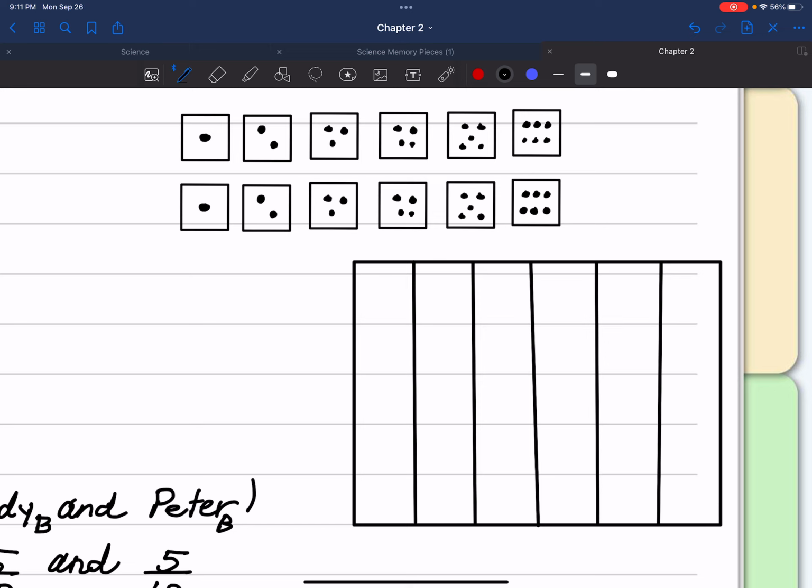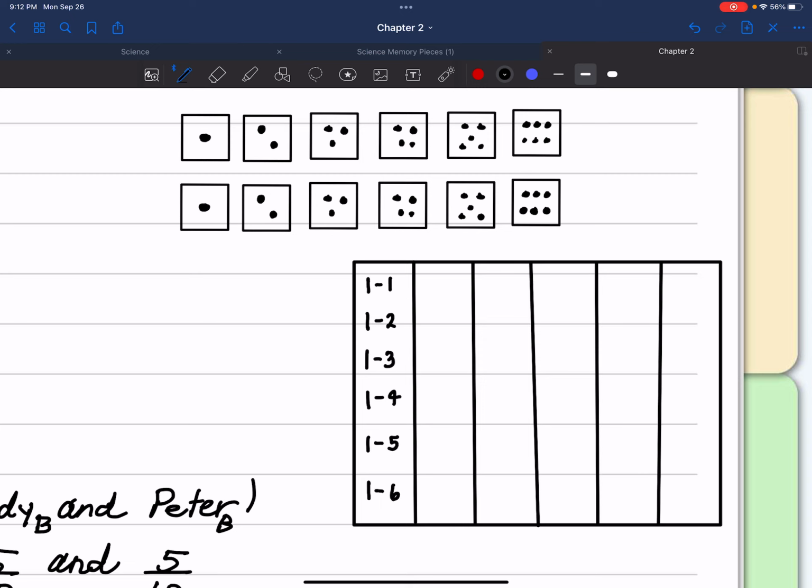All right, so on the first roll of 2 dice, I could get a 1 on the first die. And then to go with that, I could get a 1 on the second, a 2 on the second, a 3 on the second, a 4, a 5, and a 6.